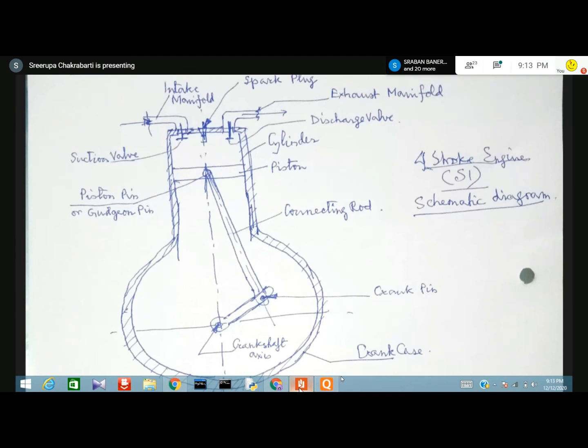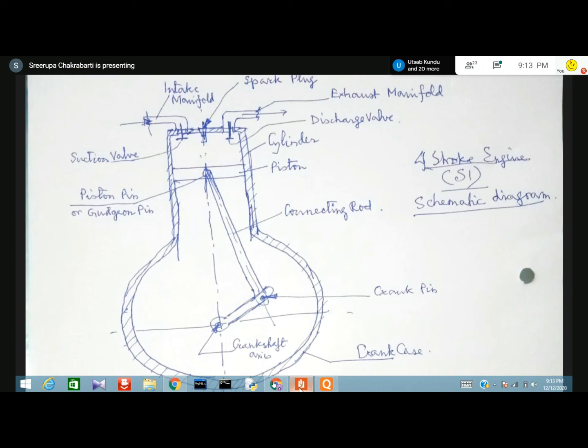So it is a very small amount of time. During that time, spark has to occur, ignition has to occur, combustion has to occur. So you now understand how fast the process should be. Again, we want to control that combustion and the liberation of heat.